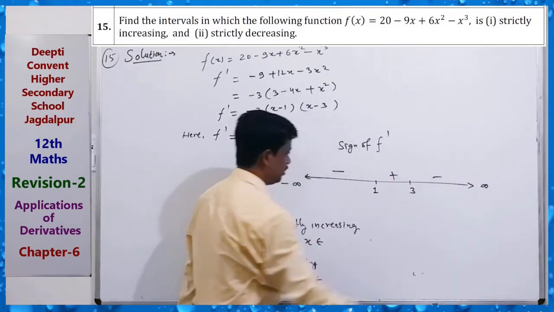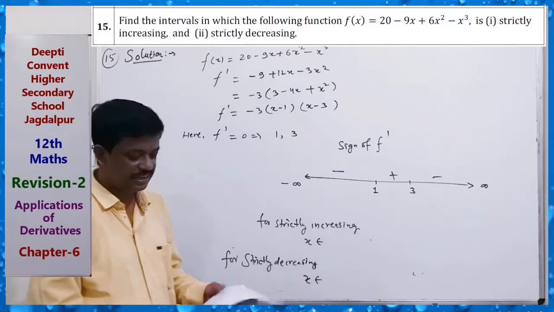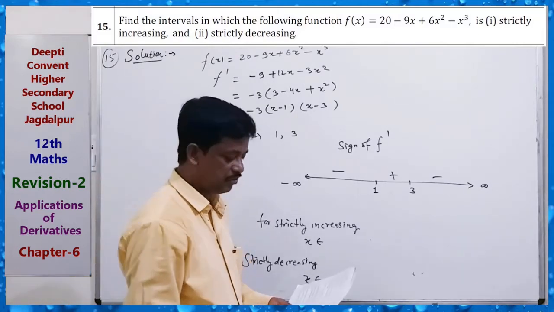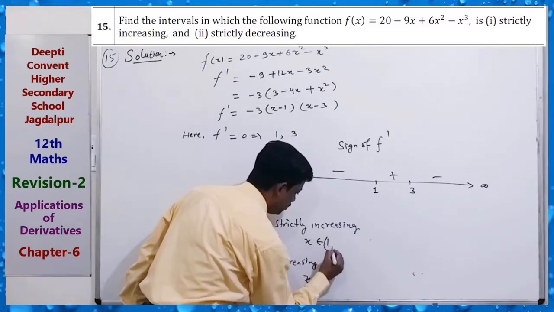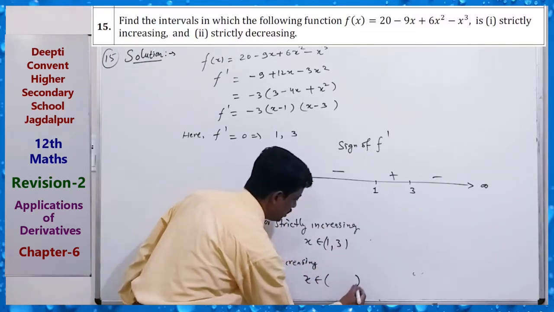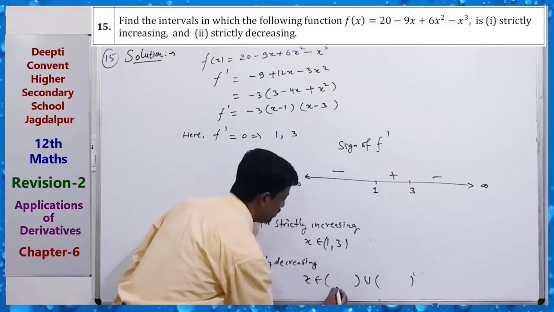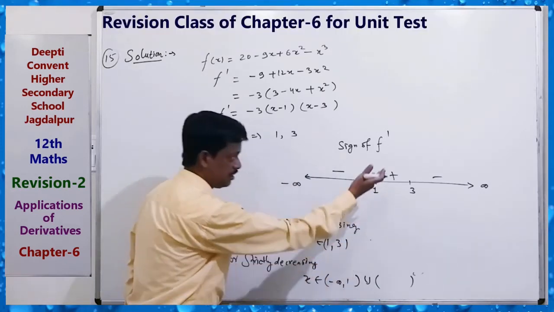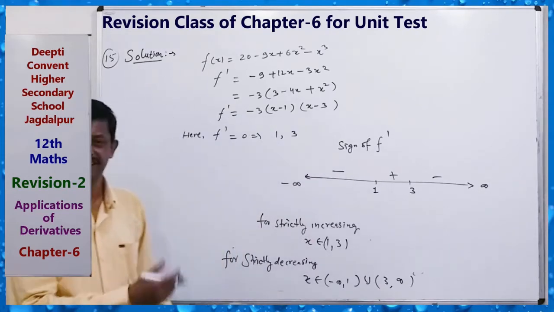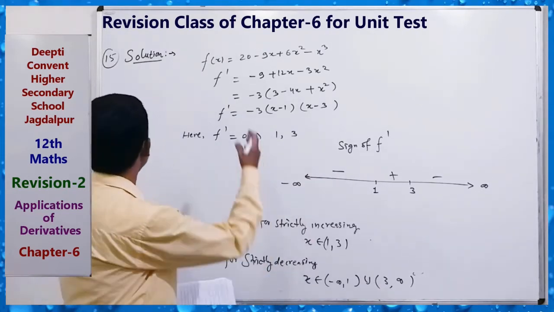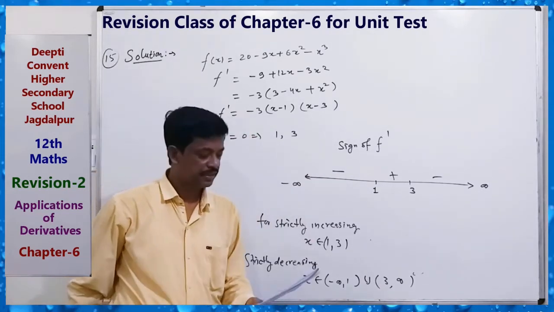Here also negative. So for strictly increasing the interval is 1 to 3. For strictly decreasing, 2 intervals are there: minus infinity to 1 and 3 to infinity. Okay, so these are the intervals. This is question 15. Clear?